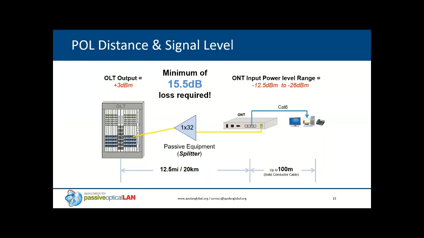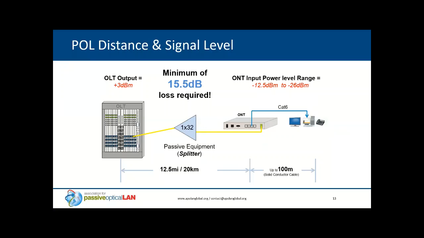Yeah, thank you, Brian. So distance is where our POL technology really shines. As I mentioned, we can go up to 20 kilometers, a little over 12 miles from our OLT all the way out to our ONT.